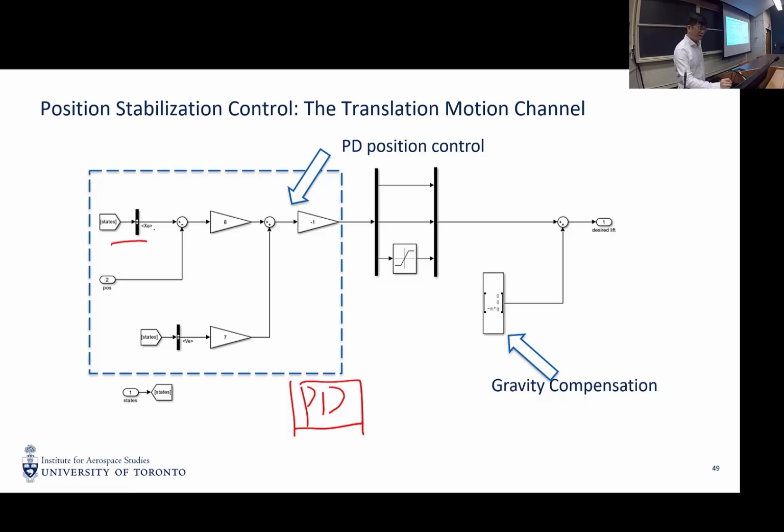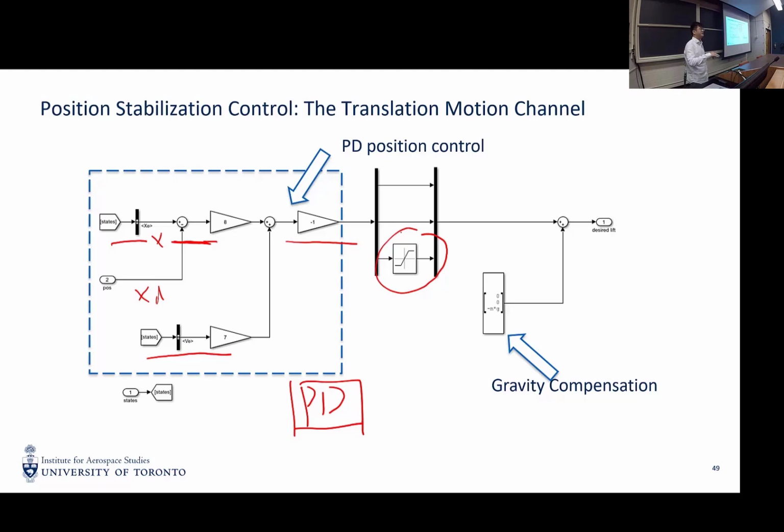So we feed back the x and x_d, calculate the error, and then combine with the velocity, and then we have a force to correct the position error. And of course, we need a saturation on the z-axis because the quadrotor cannot produce negative lift.